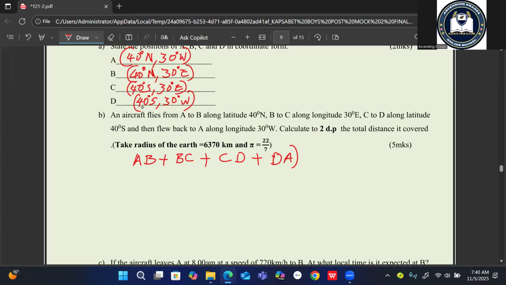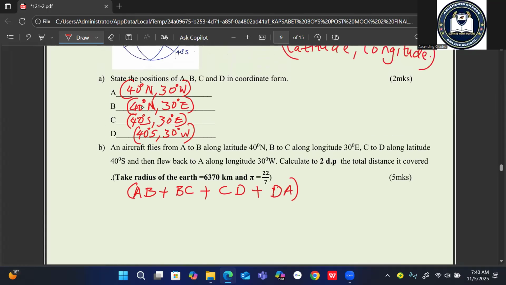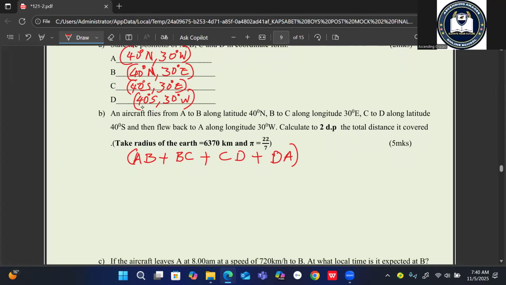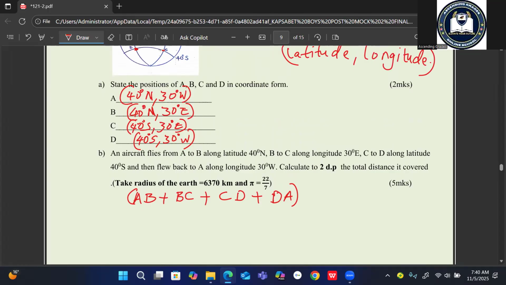So that will be the total distance. So distance AB, we have the formula for calculating the distance: theta out of 360 times 2 pi r cos theta.